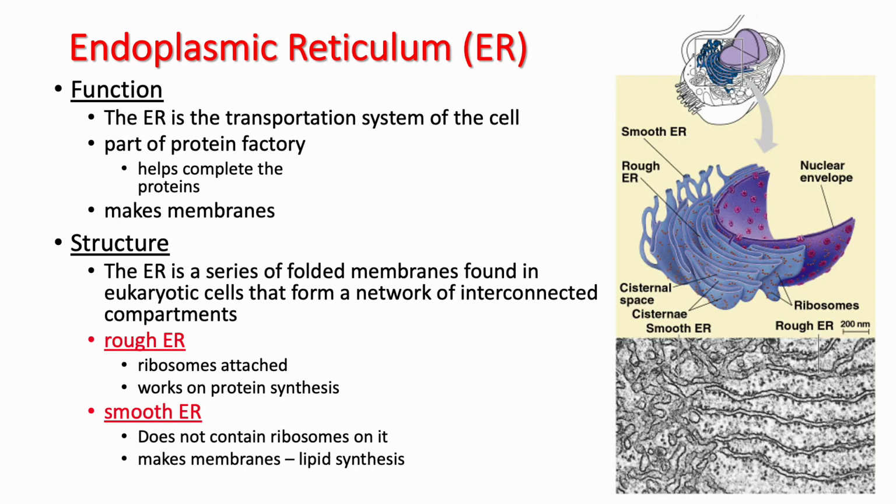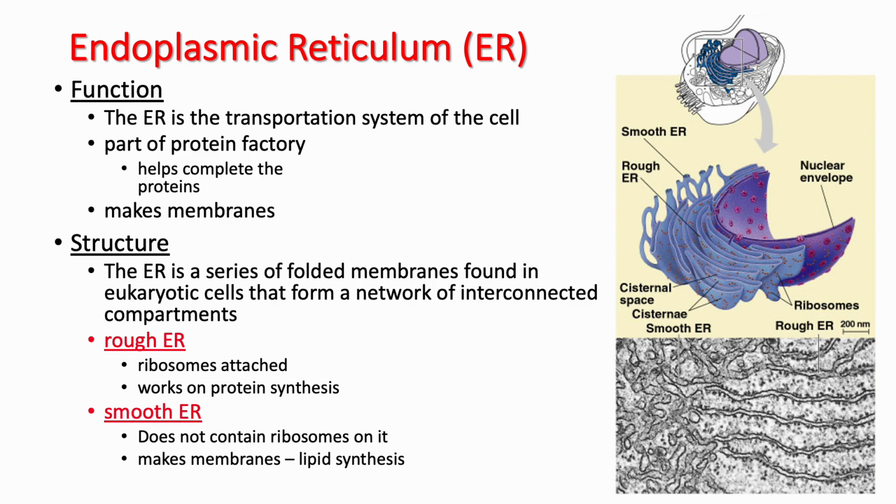The endoplasmic reticulum is part of the protein factory, helping make the proteins, and it's also helping with making the membranes. When you're looking at endoplasmic reticulum, there's a rough and smooth endoplasmic reticulum.